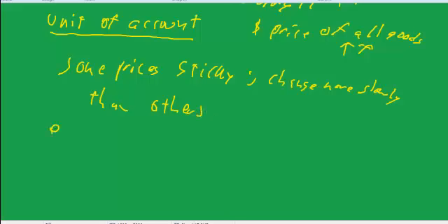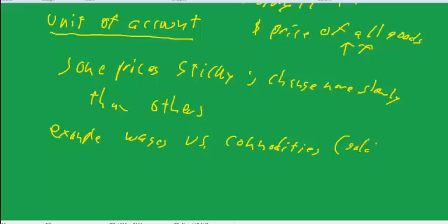So one example would be wages versus commodities. Commodities, things like gold, copper, wheat, oil.